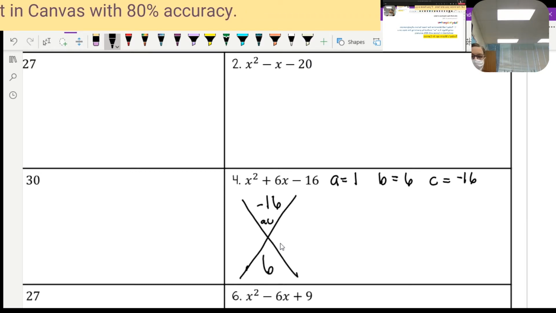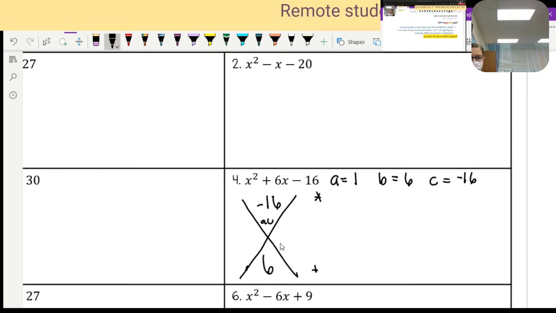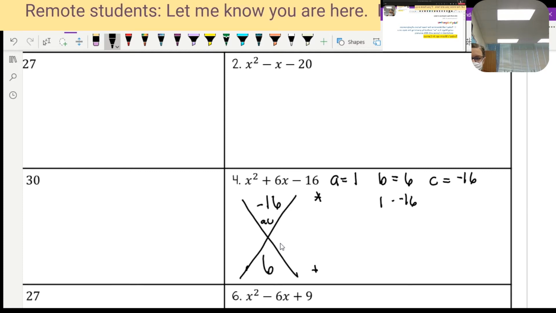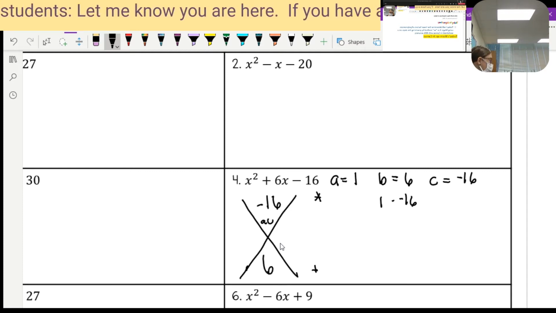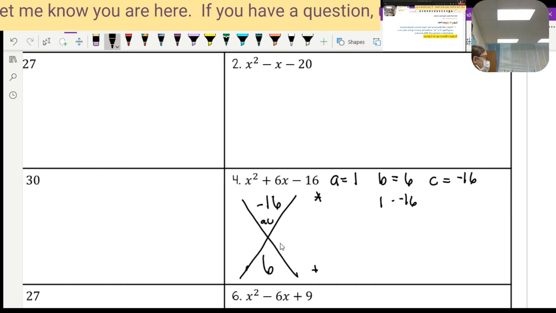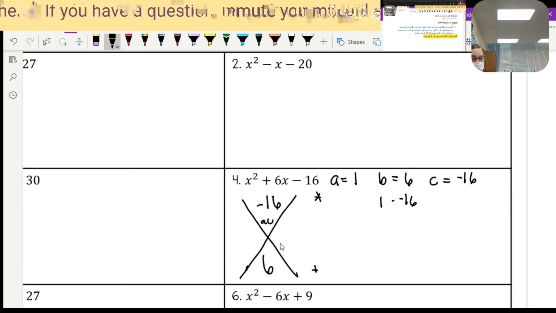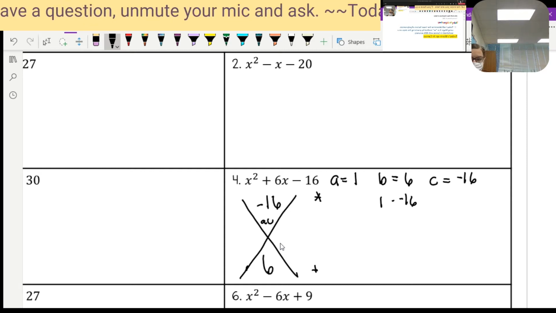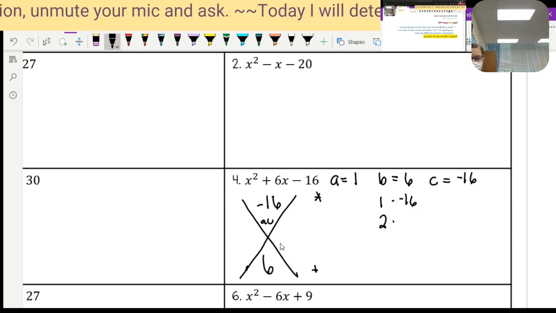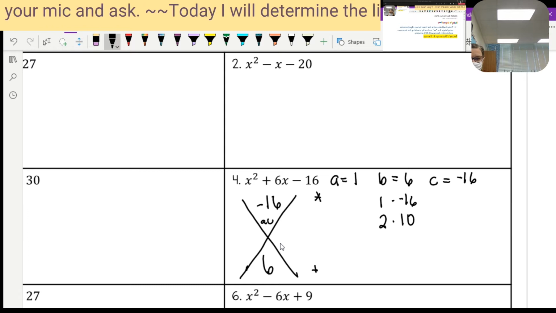Okay, so next we're looking for something that multiplies and something that adds to get those two numbers on the top and the bottom. So we will put 1 times negative 16.